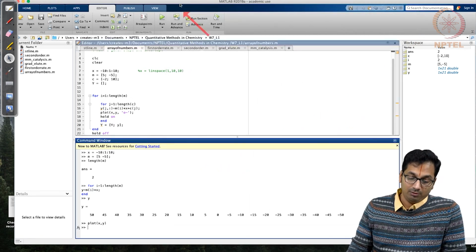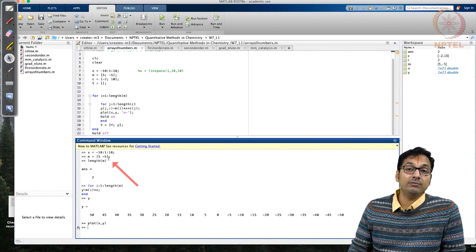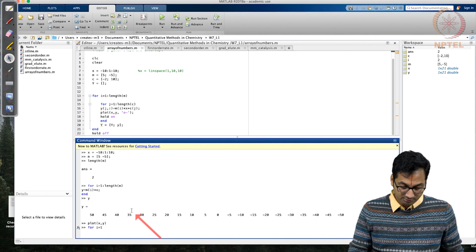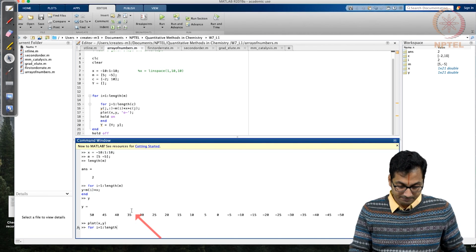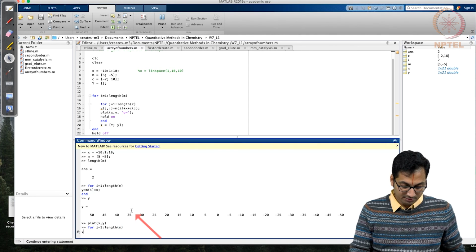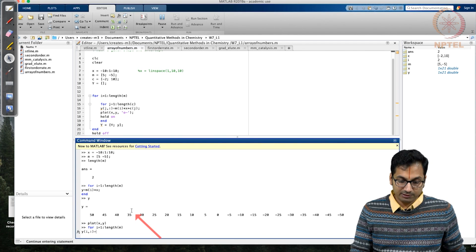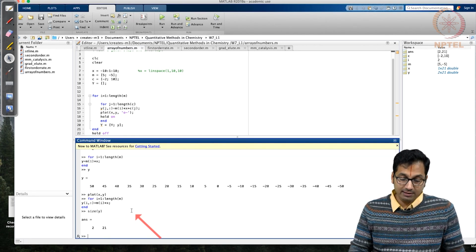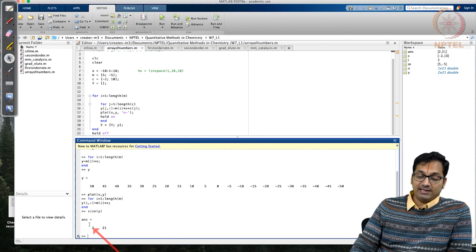So now what we have realized is that although we have 2 different slopes, we are not able to simulate both. So one way of doing this is once again going for I, and then saying y of I is equal to m of I star x, and so now if you ask what is size of y, you are able to see both have been calculated.